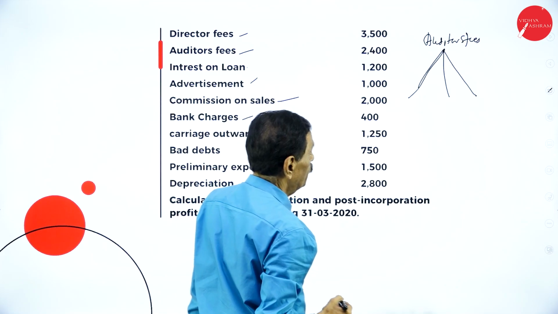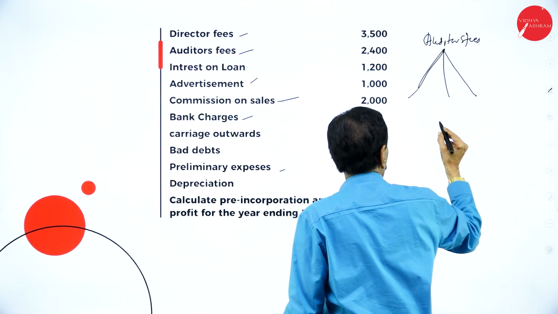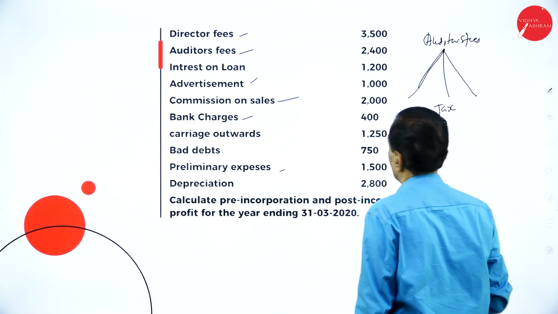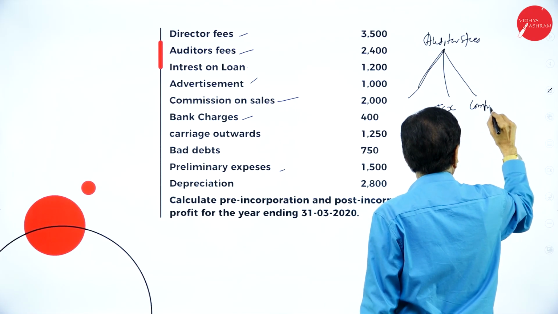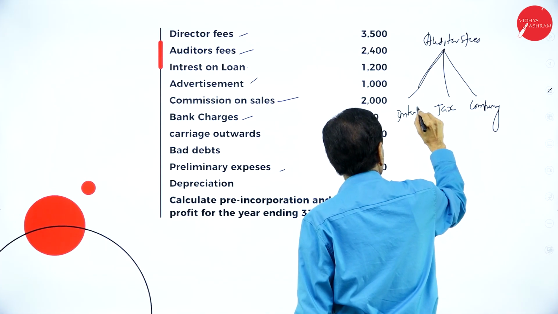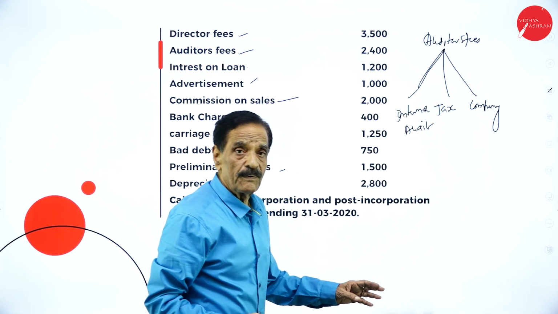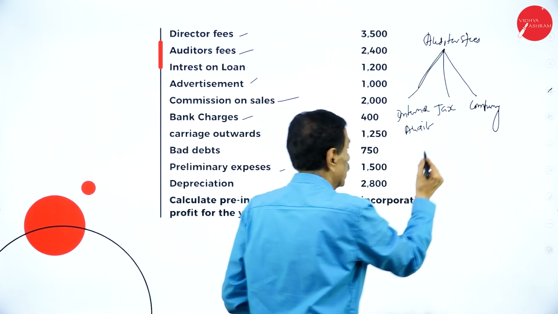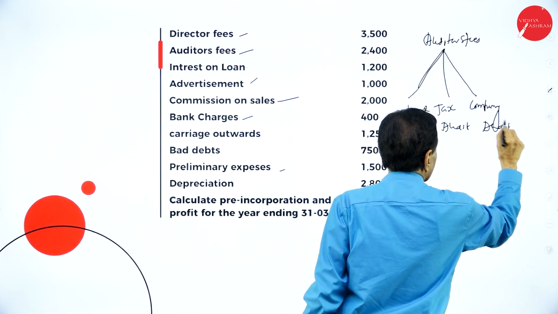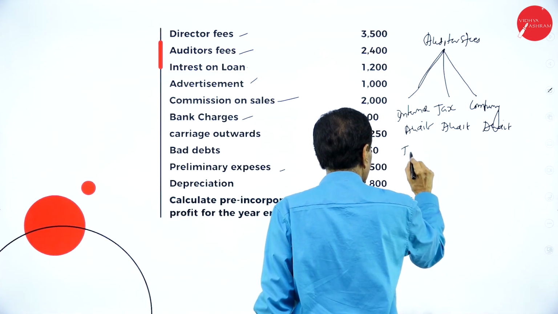There are three types of auditor fees: if it is on tax, if it is on company, if it is internal audit. One is for internal audit, one for tax audit, one is called company audit. If they mention internal audit, it is time ratio.